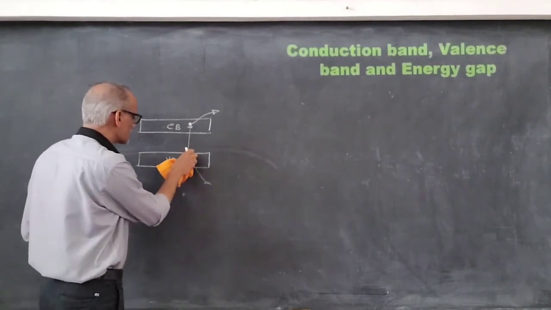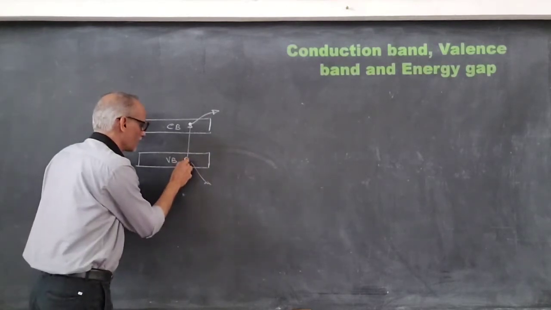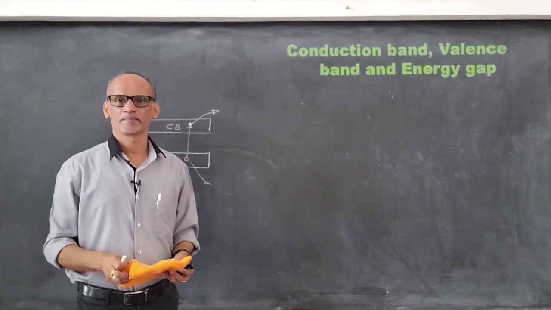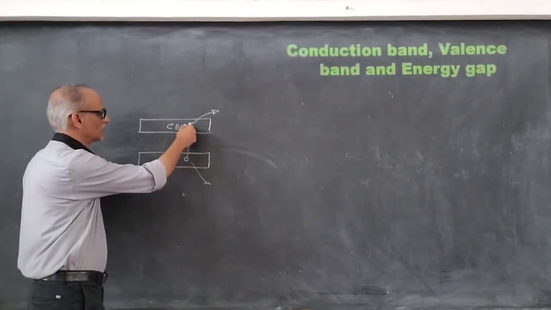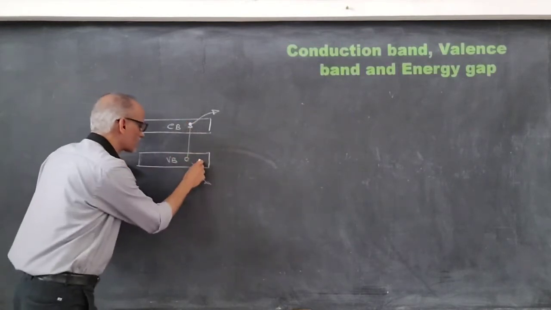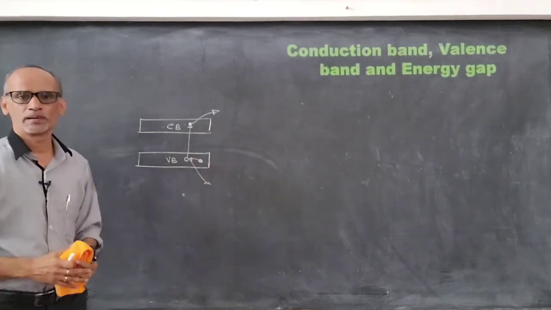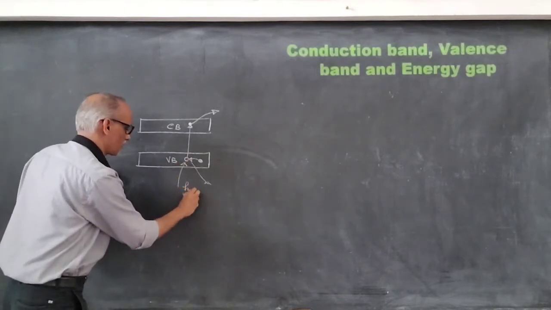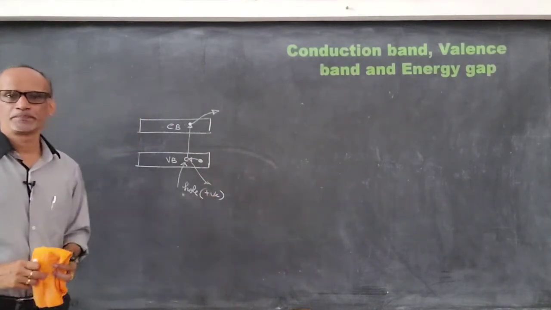But once the electron leaves the valence band, it leaves a vacancy in the valence band, and that vacancy can be occupied by the electron which is getting de-excited from the conduction band to the valence band, or even an electron from the valence band can occupy that space to form a covalent bond, and that vacancy is called the hole, which acts as the positive charge carrier.